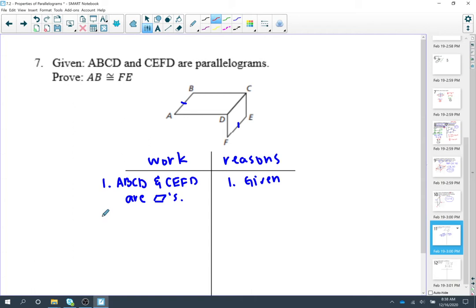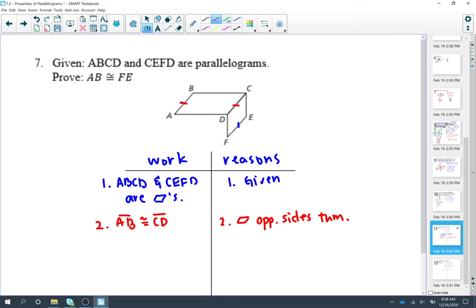First thing I'm going to do is say that AB is congruent to CD. And the reason I can say that is because this is a parallelogram, and that is the parallelogram opposite sides theorem.